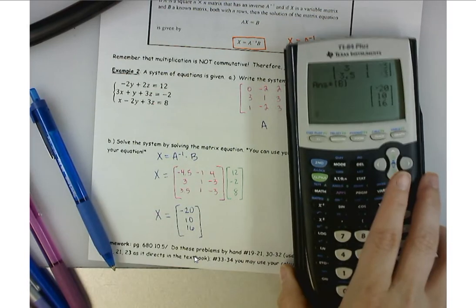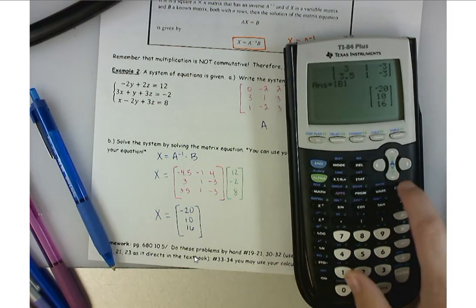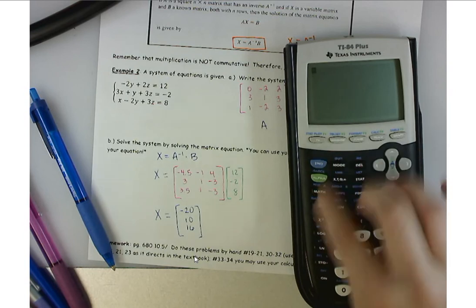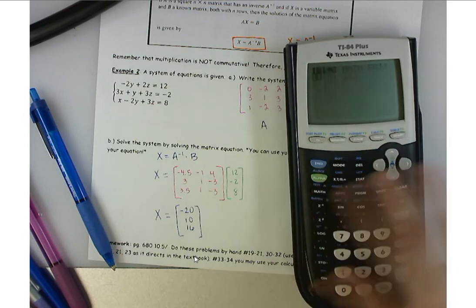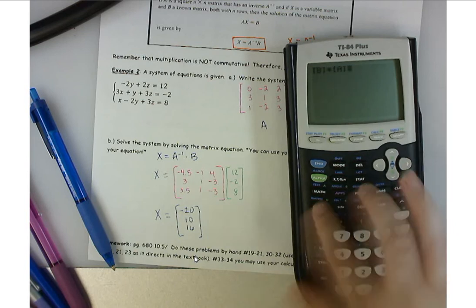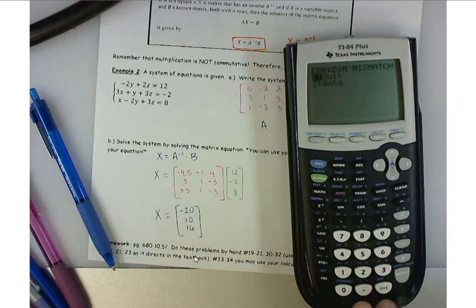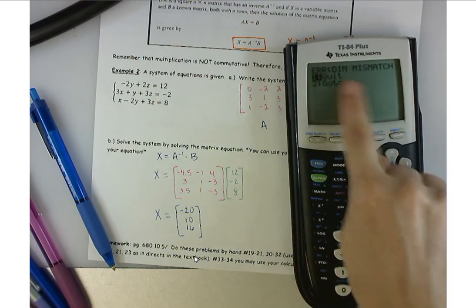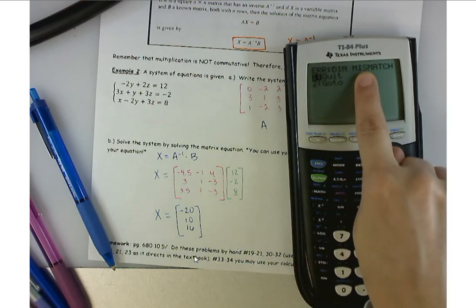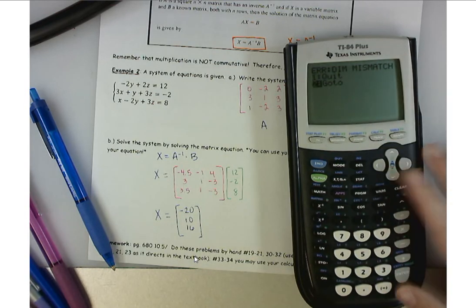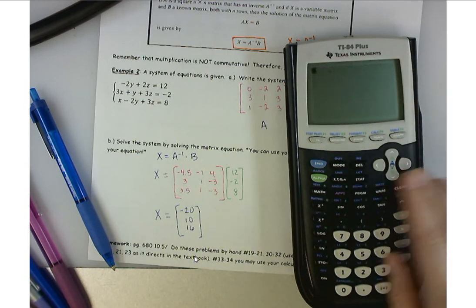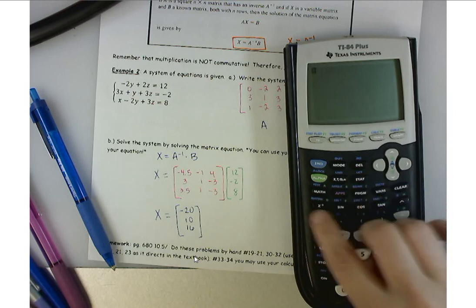Now, I also just want to show you that when you're multiplying, if I were to do B times A inverse, okay, and press enter, this means dimension mismatch. So you can't even multiply those together. Sometimes you might be able to, but it would still not be the same answer.